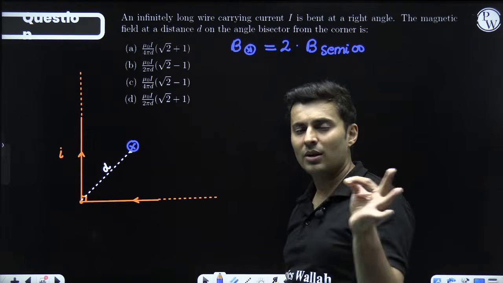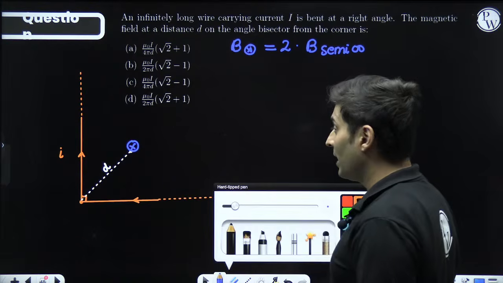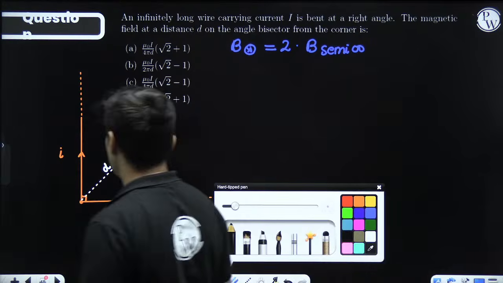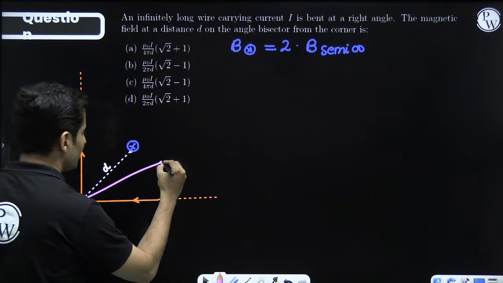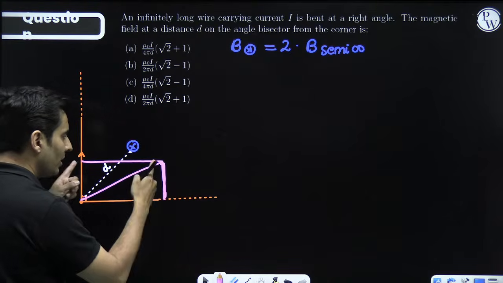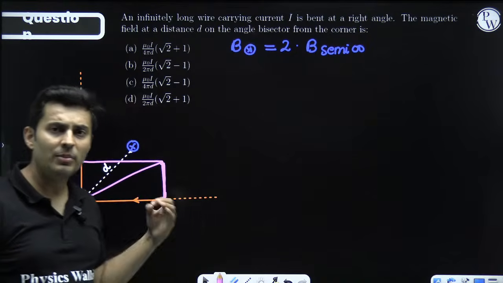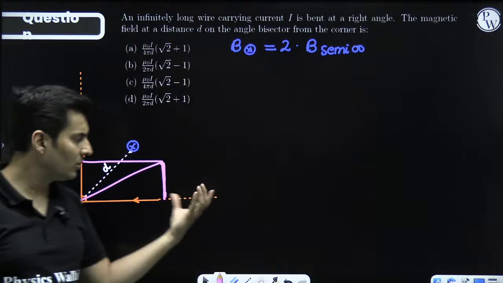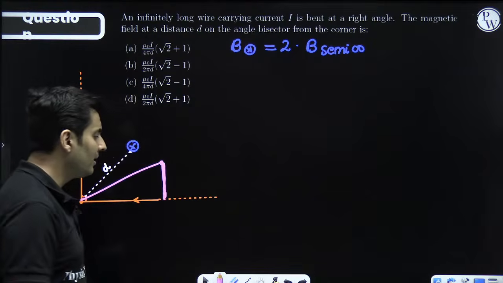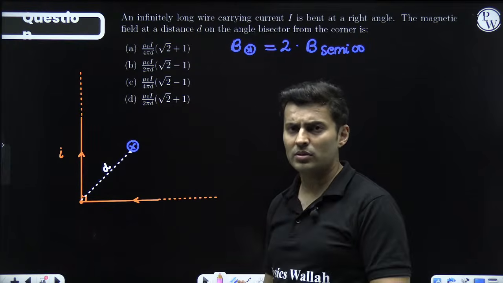Because both are contributing exactly the same. And plus this was at the angle bisector. If it was not mentioned as angle bisector, if it was 30 or 60 degrees, this will be closer, this will be far, so they will contribute differently. So I cannot say 2 times, then I will say B1 plus B2. But luckily, both angles are the same, distances are the same, so fields are also the same.